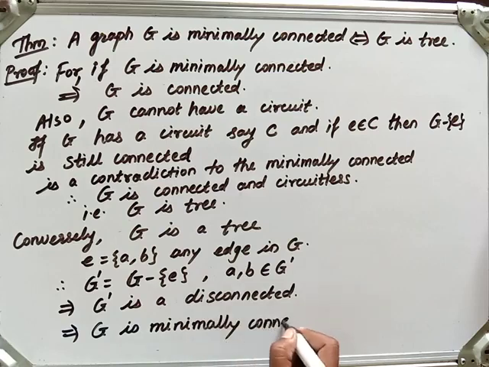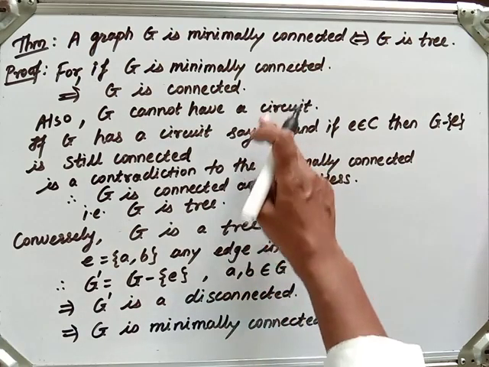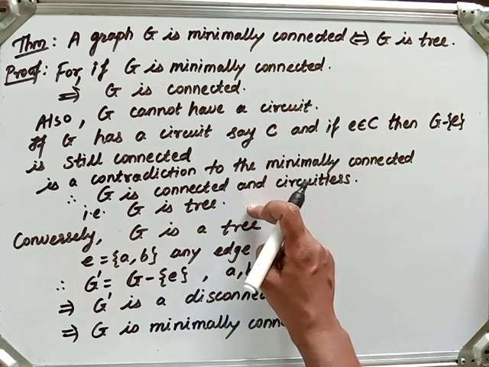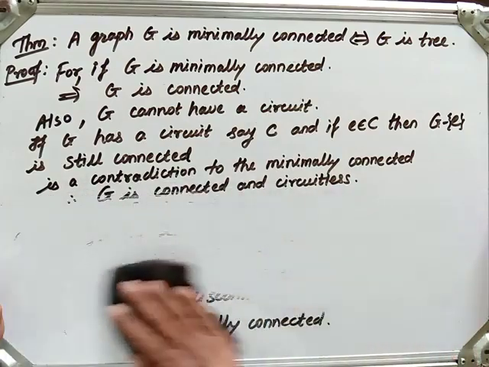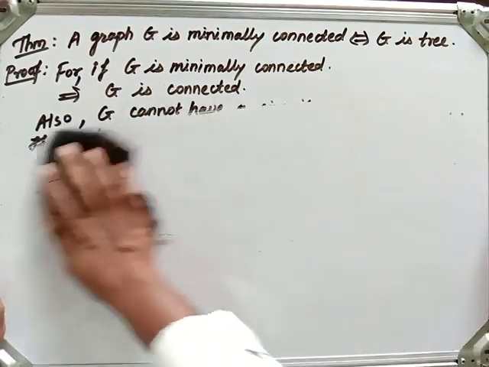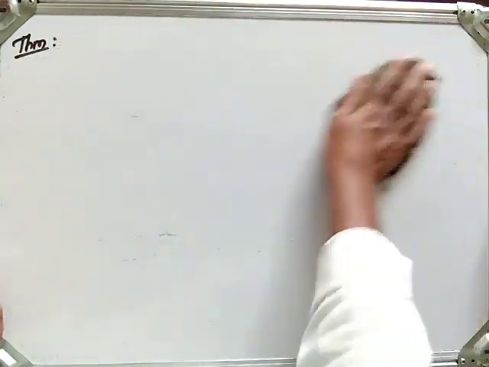This is the proof. We have shown that if G is minimally connected, then G must be a tree. So we have proved the first part, and this is the second part, that is the converse part. Okay, now let's take the next theorem.